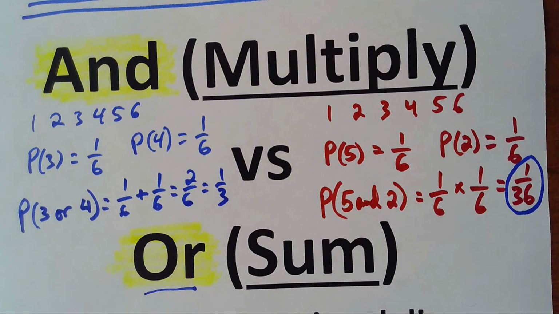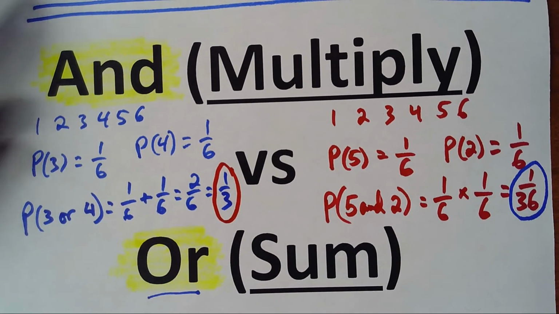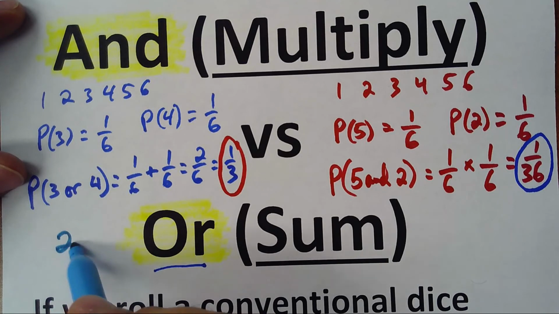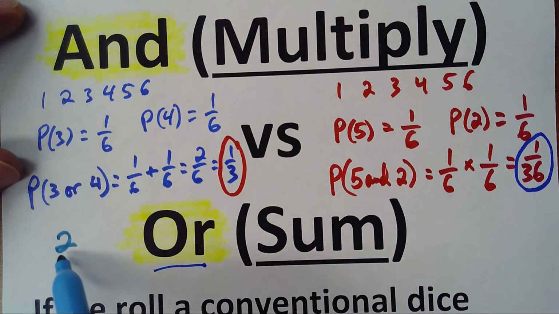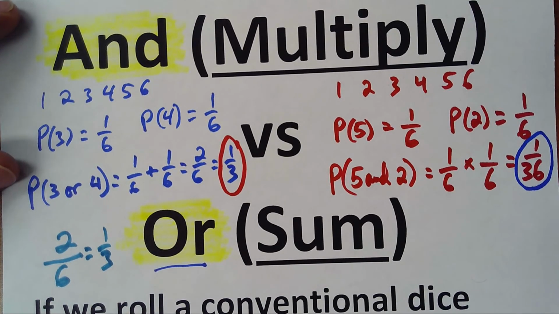So you see that this probability is way bigger than the previous one, because you have two chances. So you have two possible numbers from 6 numbers. Another way you can find it is two options, which is 3 or 4, out of 6 numbers. And that will simplify to 1 over 3, as we already know.